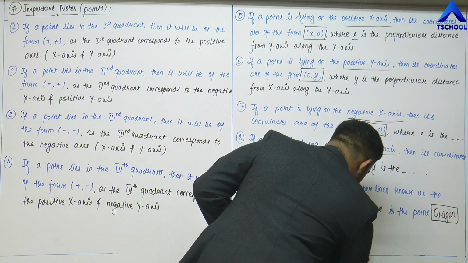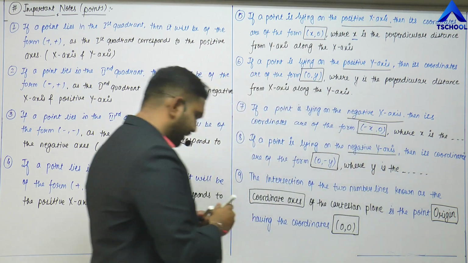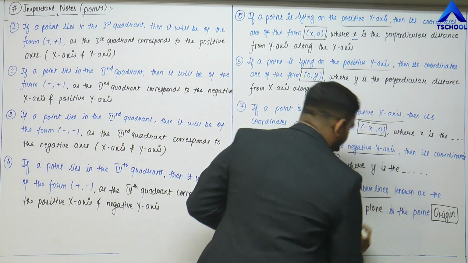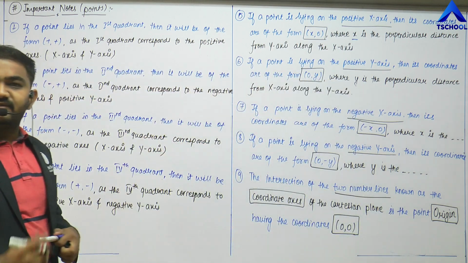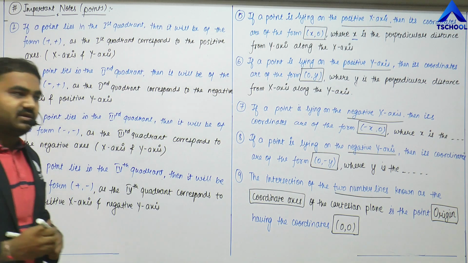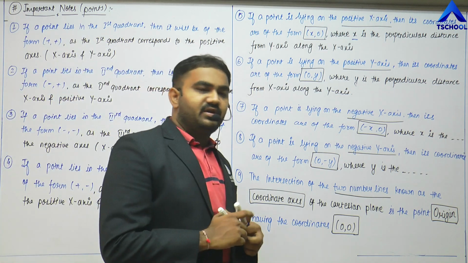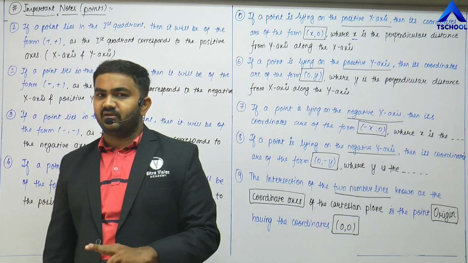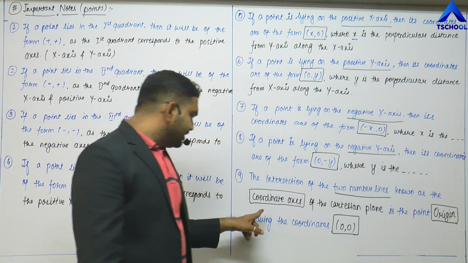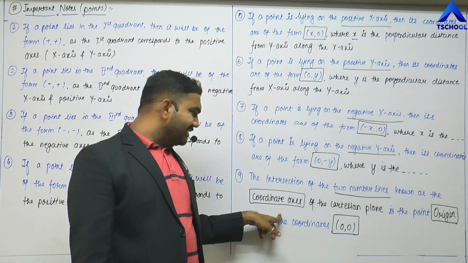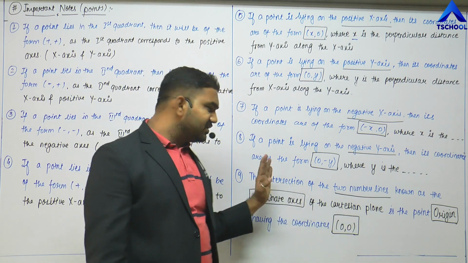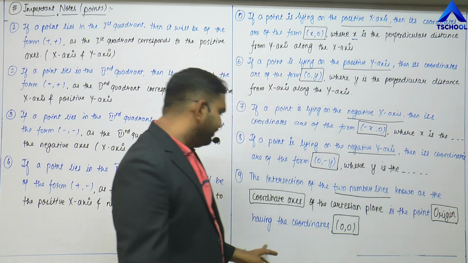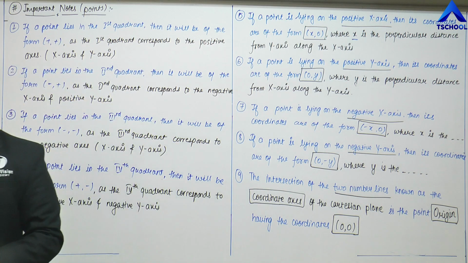Is it clear, friends? Let me explain this again: which two number lines have we discussed in the first lecture? One is vertical and the second one is horizontal. The intersection of these two number lines, one vertical and one horizontal, known as the coordinate axis of the Cartesian plane, is the origin, which has the coordinates 0, 0.